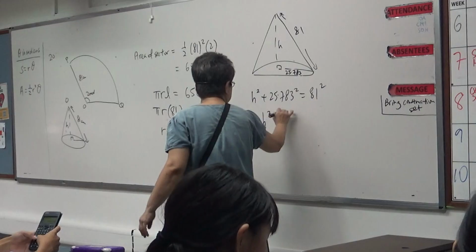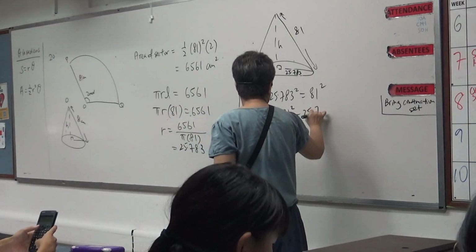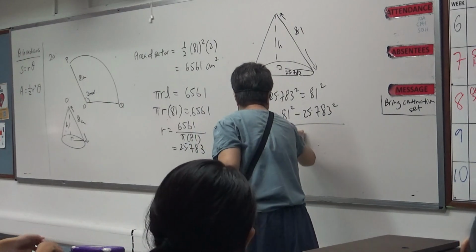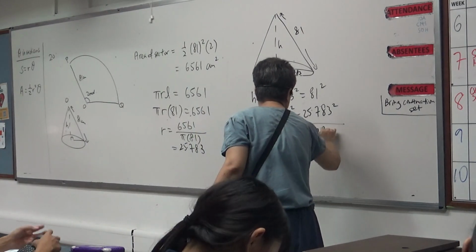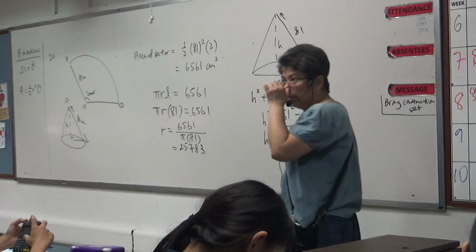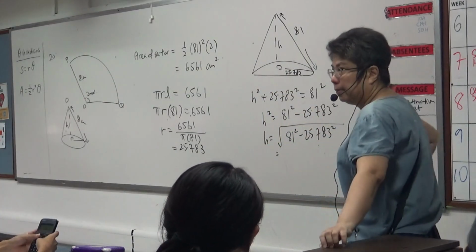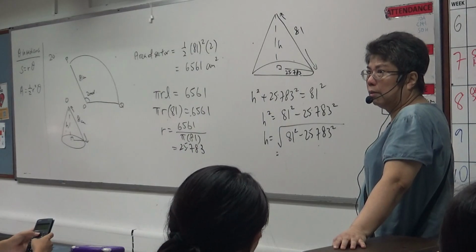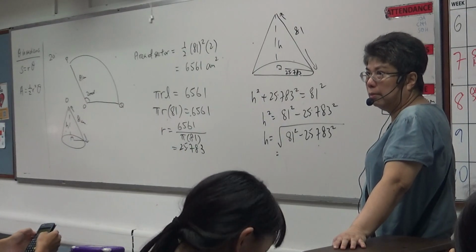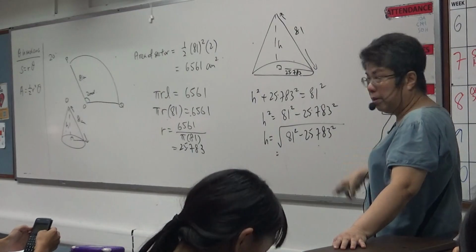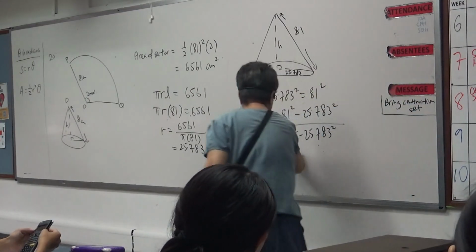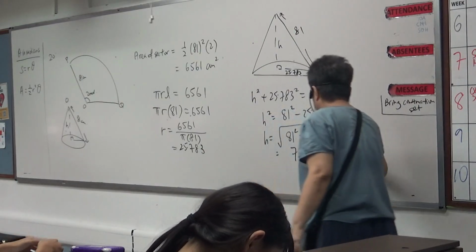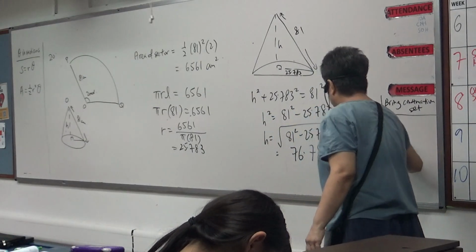So h squared, what's the answer? 76.786. So the height will be 76.8 cm.